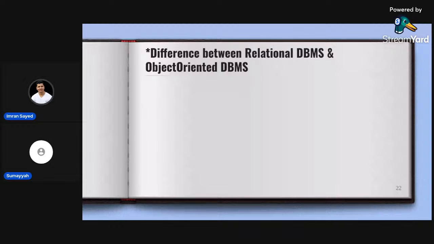Data is stored as entity in RDBMS. Data is stored as object in ODBMS. Data is stored with the relation in tabular format, having rows and columns in RDBMS. Object-oriented programming uses the concept of a class, which has properties and methods.